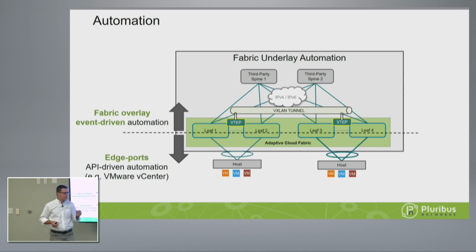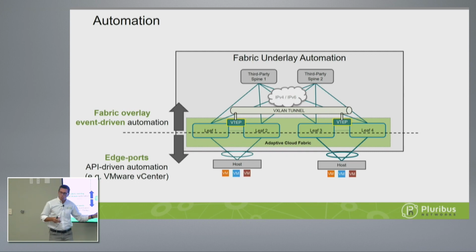But the interesting part is that upon provisioning the edge ports, or the VM facing port, or let's say the customer workload facing ports, we automate in the backend the underlay, and this is totally transparent to the customer. So we use our fabric intelligence, the VTEP awareness, the vPort awareness that we have discussed early on, to actually create an overlay fabric which is fully automated to the customer.